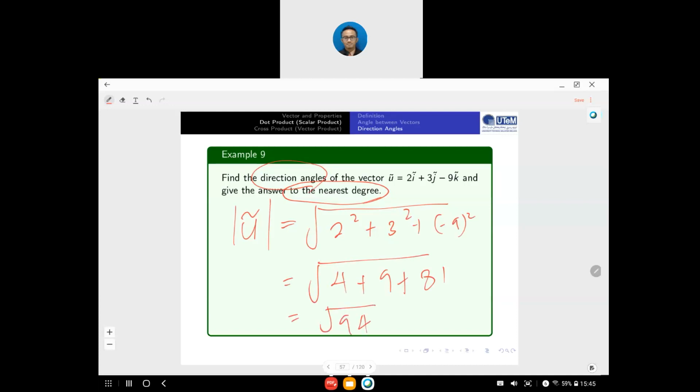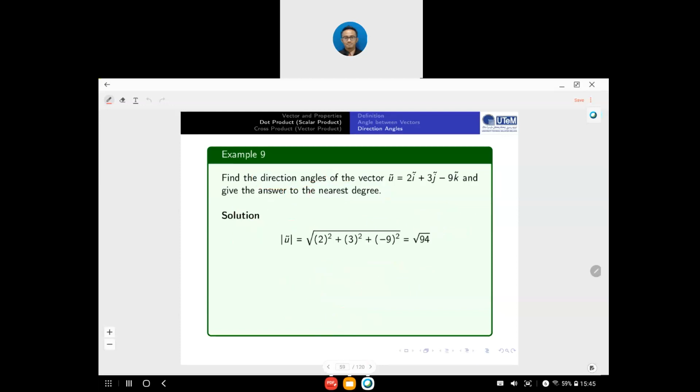94. Okay, and then you can get the direction angles. Okay, we know that cos alpha equals 2 over root 94. So you can find alpha, equal to 78 degrees. And then cos beta, 3 over root 94, 72 degrees.